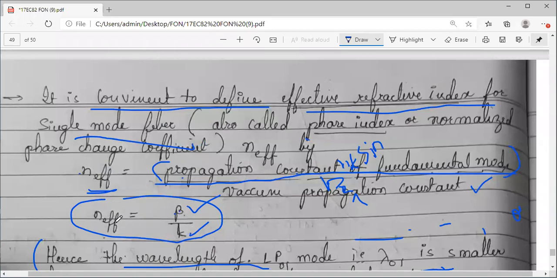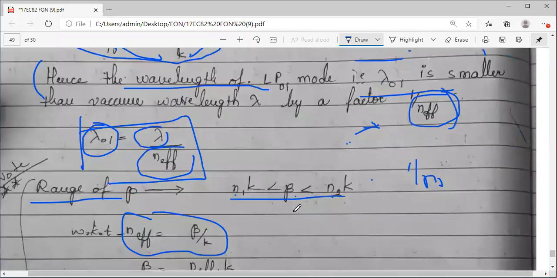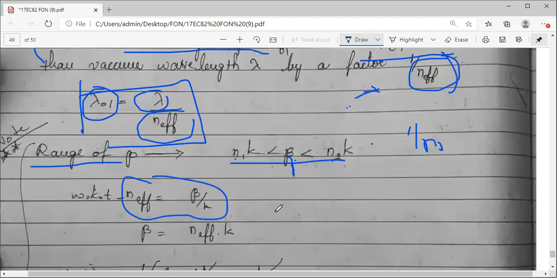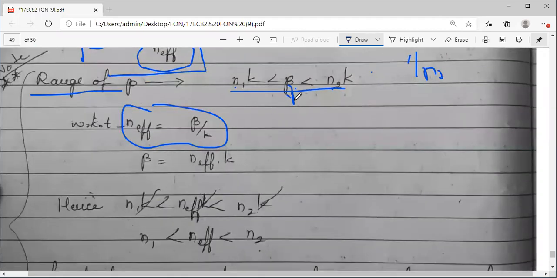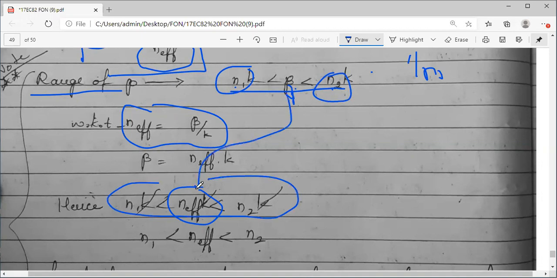From this, beta is n effective into k. I will substitute that in this range: n effective into k lies in the range n1 k and n2 k. Instead of beta, I have substituted n effective into k. The k terms get cancelled, and you are left with n2 and n1, n effective.